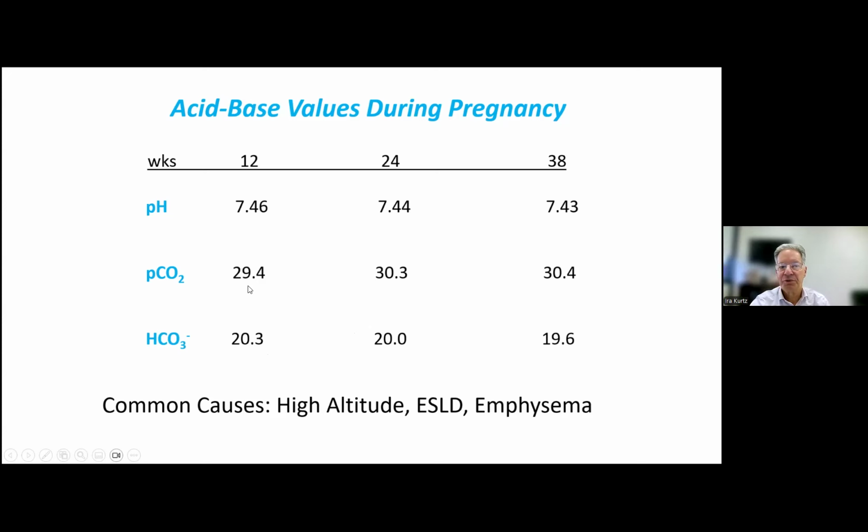So there's a 2-to-1 proportionality. That's what you see in chronic respiratory alkalosis. Other causes of chronic respiratory alkalosis are people that live at high altitude, from hypoxia driving the system, end-stage liver disease, which we see here a lot at UCLA, and emphysema. All these patients have chronic respiratory alkalosis.